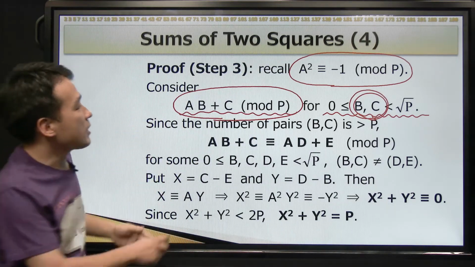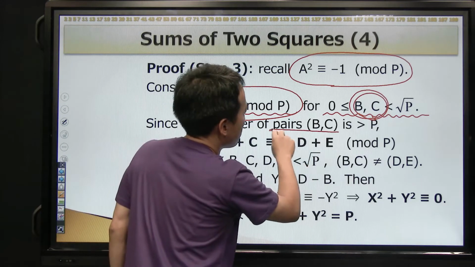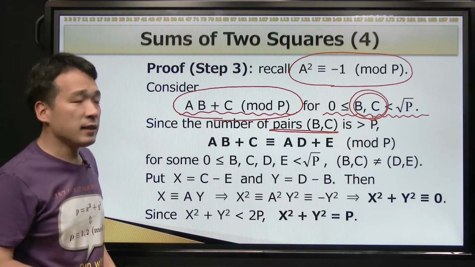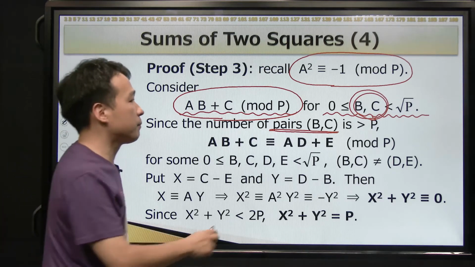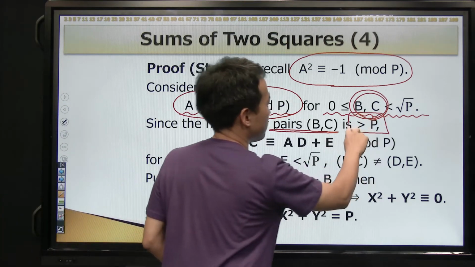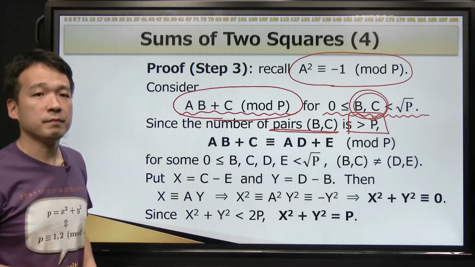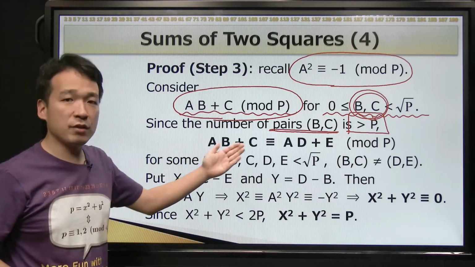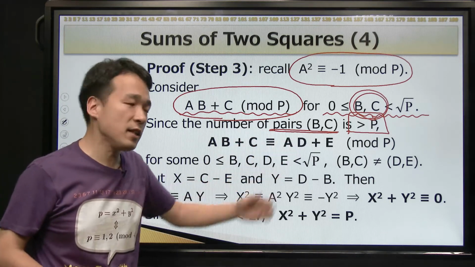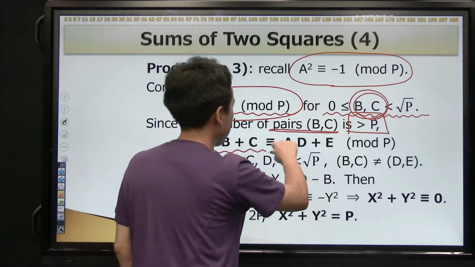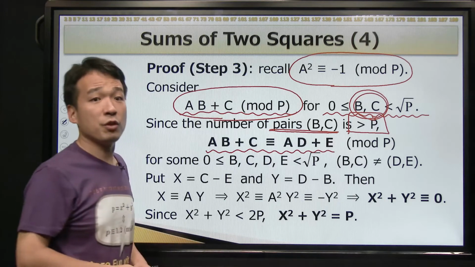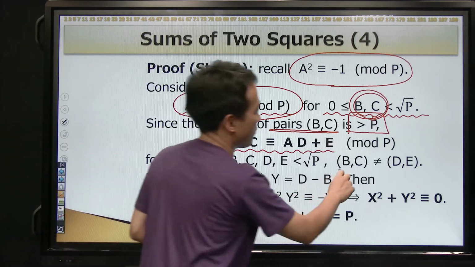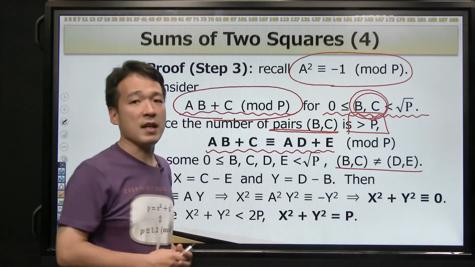Since the number of such pairs (b, c) is greater than p, ab plus c is congruent to ad plus e modulo p for some different pairs (b, c) and (d, e).